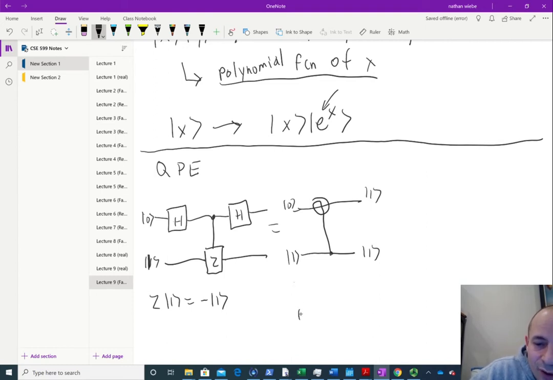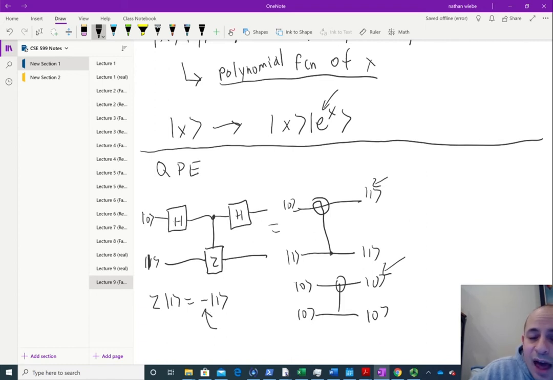But if we have a 0 down here, then this ends up mapping to 0, 0. So this bit over here gives us the one bit representation of the eigenvalue, which in this case is minus 1. All right, cool.